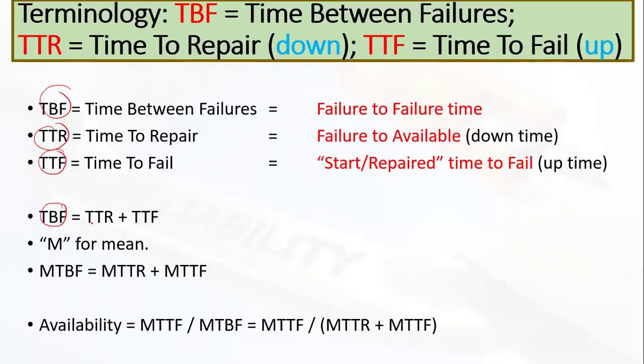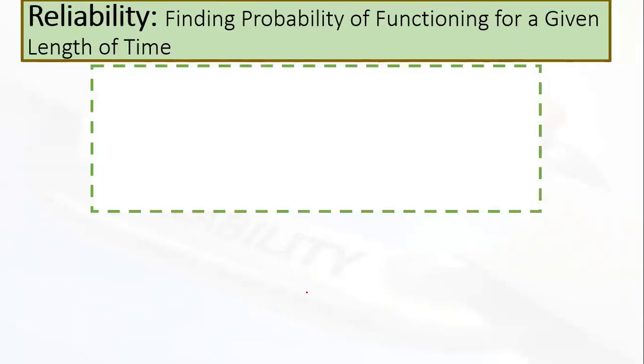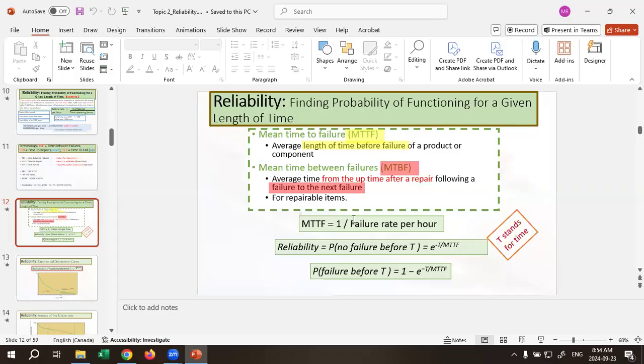So mean time between failures equals mean time to repair plus mean time to fail. Availability is mean time to fail divided by this, which is the uptime, right? So is it clearly understood? I added this slide to improve your understanding. Anybody has any question?